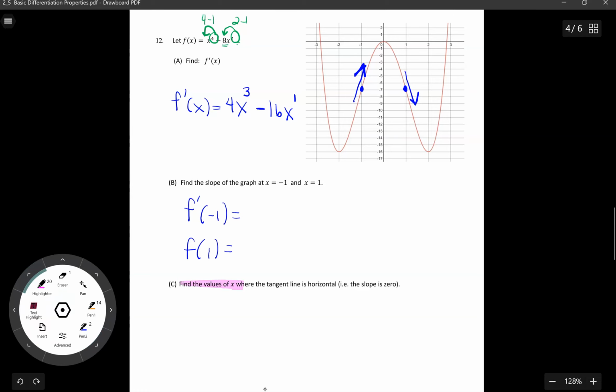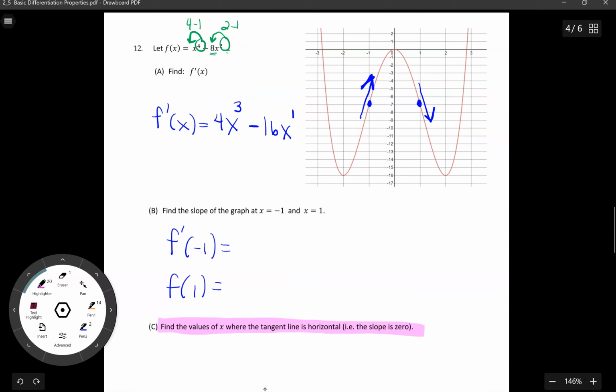C says, find the values of x where the tangent line is horizontal, where the slope is 0. So let's look at this graph, and without doing algebra, let's just look at it graphically. Where do you think the slope of the tangent line would be 0? So here's the slope of my tangent line. It's negative. I have a negative slope, negative slope. Then at this point, see how it goes horizontal? My slope would be 0 there.